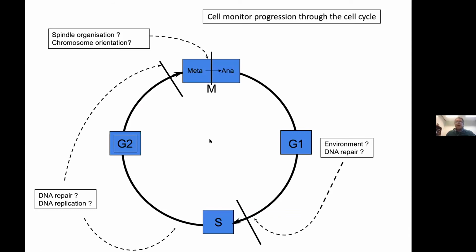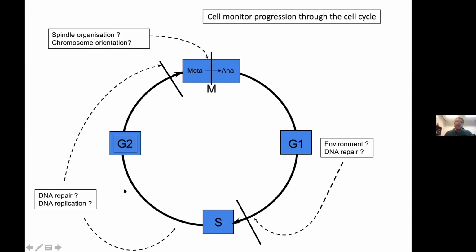So the final slide that I have is a conceptual slide that tells you that cells actually monitor what is going on during the cell cycle. For example, during G1, the cell is monitoring the environment, and it will decide whether there are conditions for the cell to undergo replication.